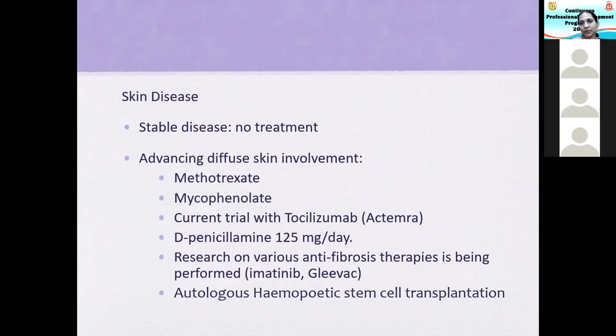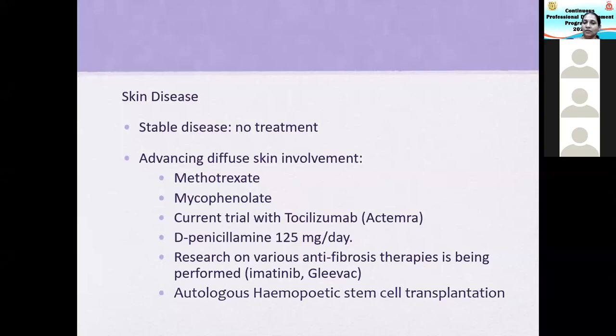For skin disease, topical agents can be used for symptom relief. Advancing involvement needs immune suppressive therapy, with methotrexate and mycophenolate being some of the drugs that are used. At the same time, you can use cyclophosphamide and penicillamine, and there are current trials going on with tocilizumab, an anti-IL-6 antibody, and research is being done to see the effect of antifibrotic therapies in patient management.